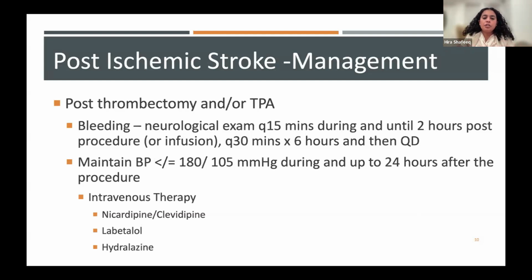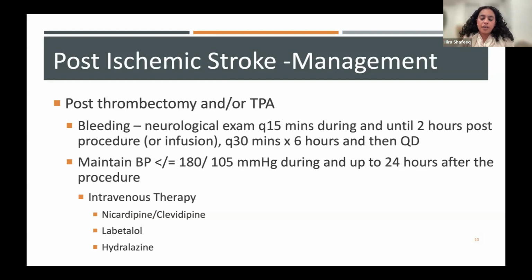Quite simply, what the nurse is doing at bedside is that every 15 minutes, during the infusion of the TPA and 2 hours post-procedure or infusion, so up until a total of 3 hours, the nurse is asking the patient questions, making sure that they're oriented, they know who they are, they know where they are.